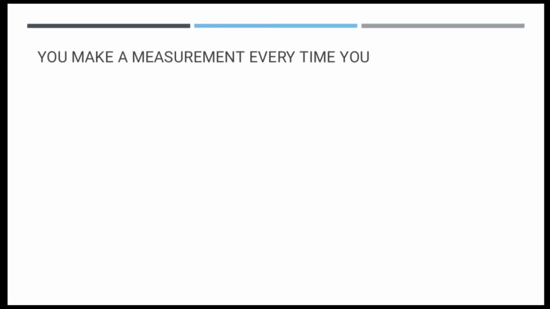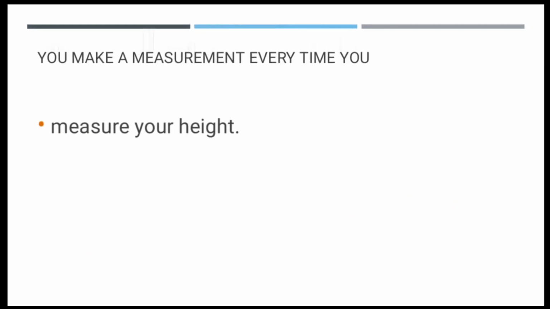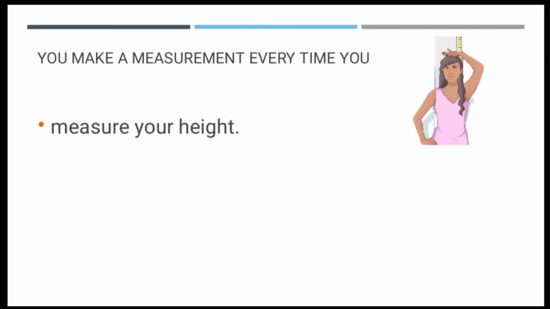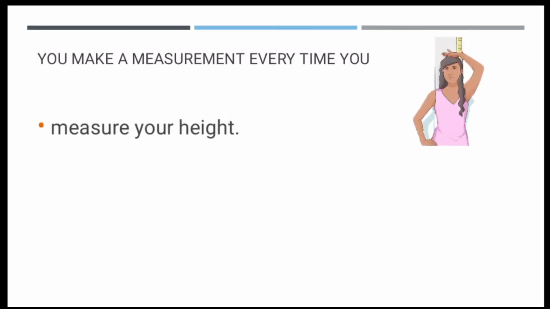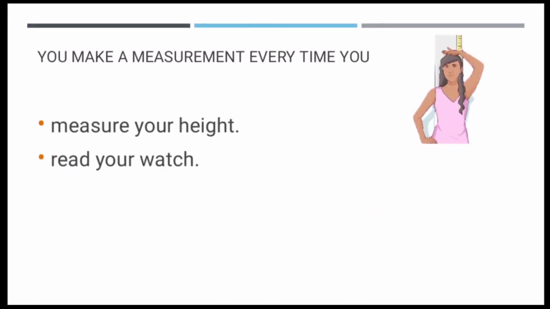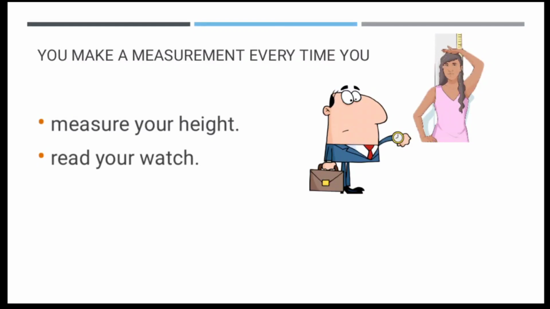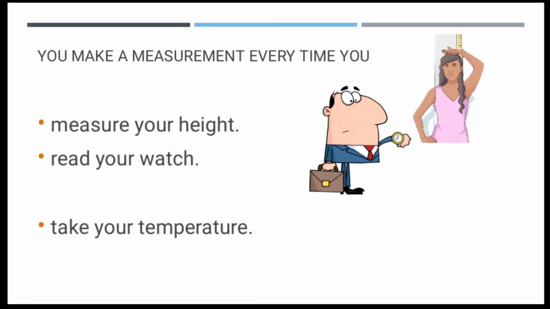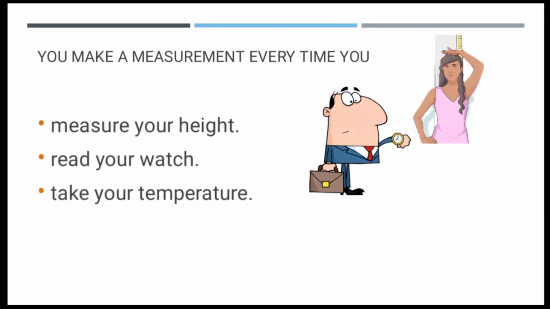Okay, you make a measurement every time you measure your height. In school, you are measuring your height using a tape measure or meter stick. Then you read your watch. For us to identify the time, we look at our watch. Take your temperature.